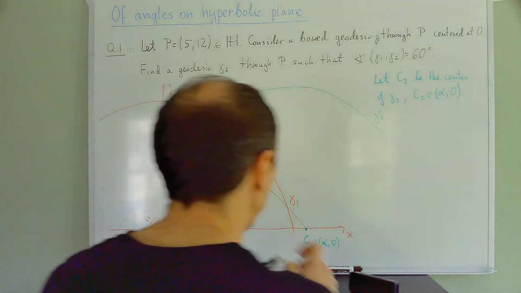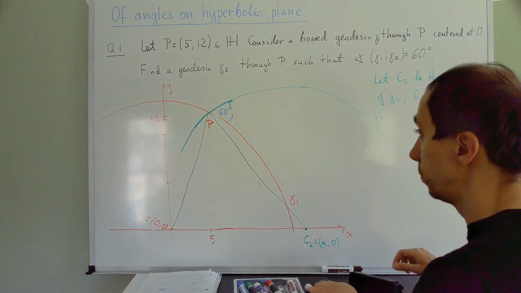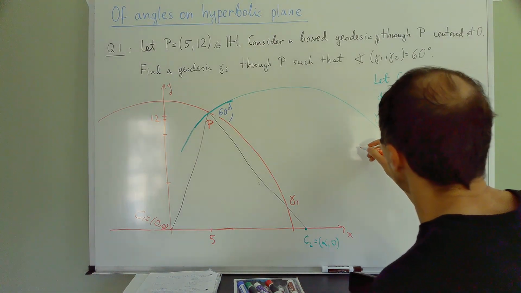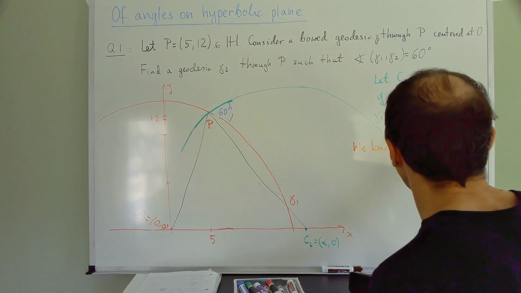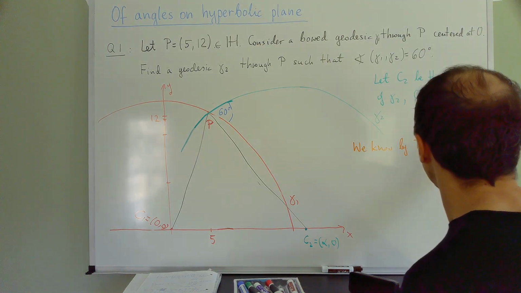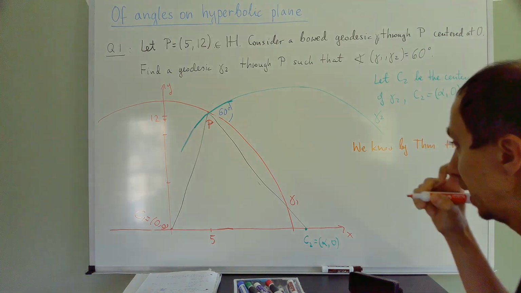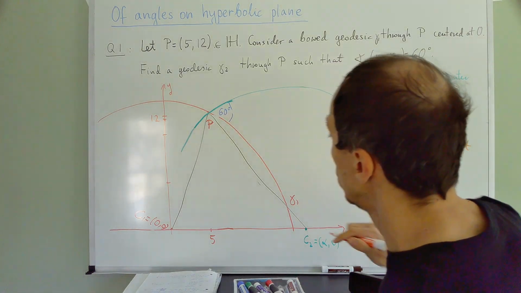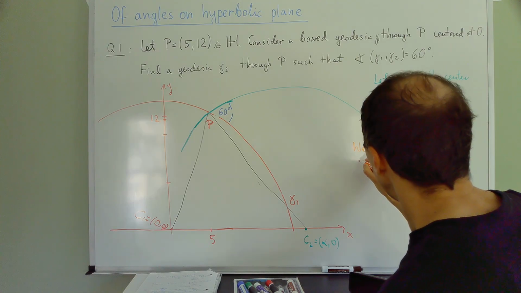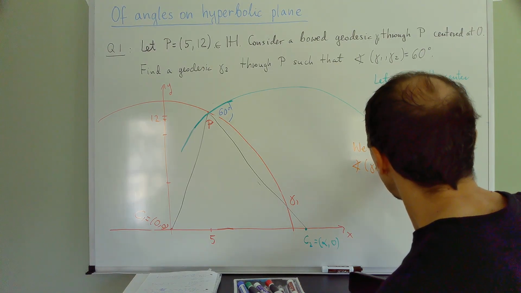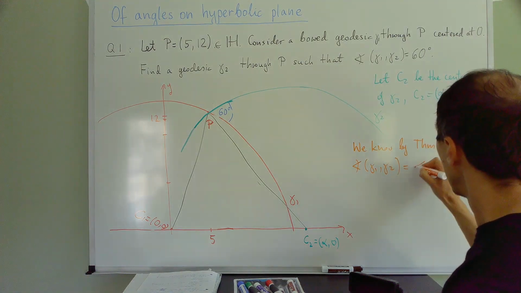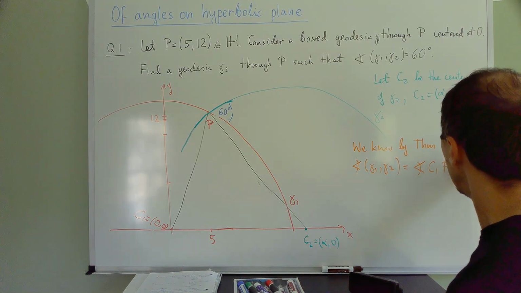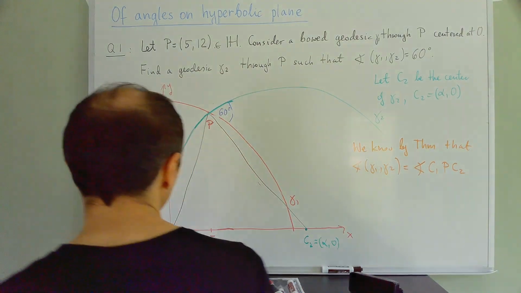We know by the theorem we proved in the previous video that we're looking at the angle between two bowed geodesics. So the angle between gamma 1 and gamma 2 is the same as the angle C1 P C2.